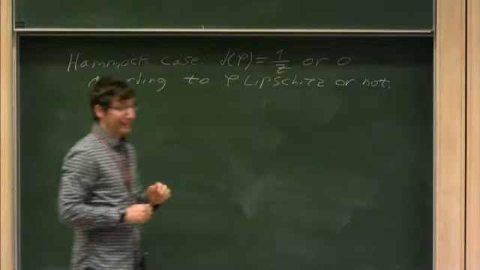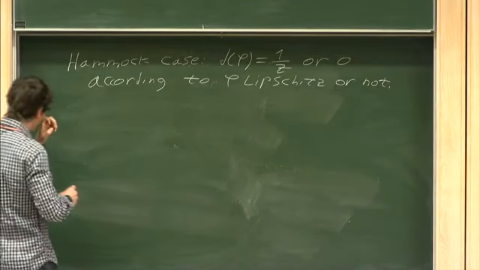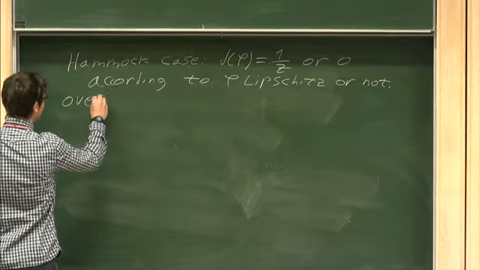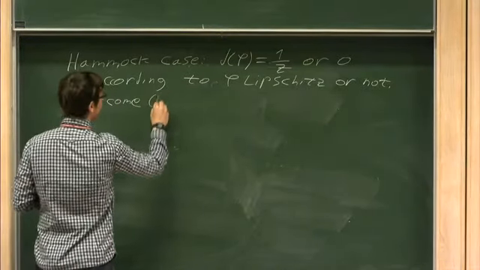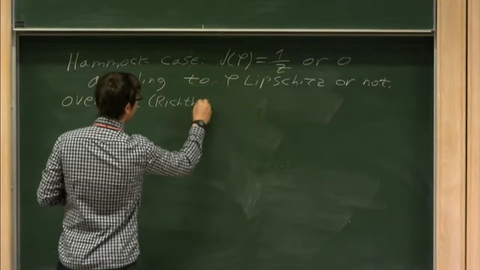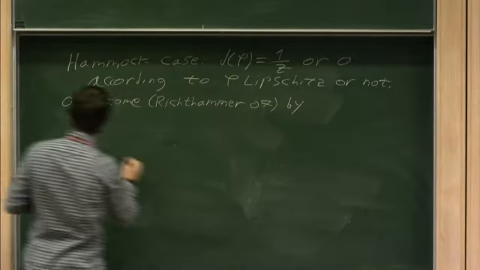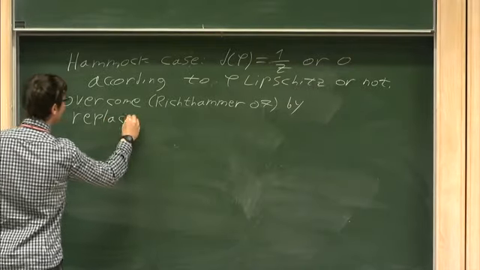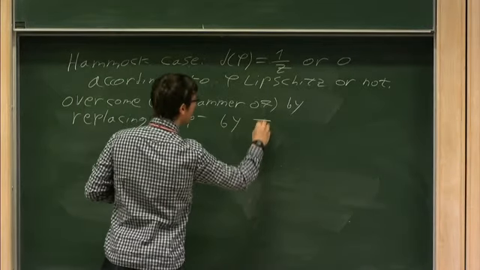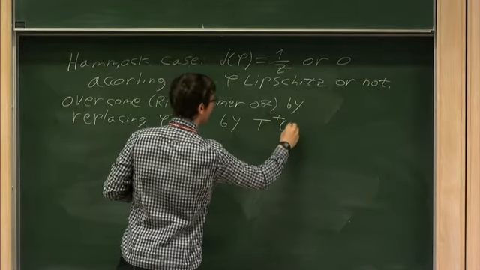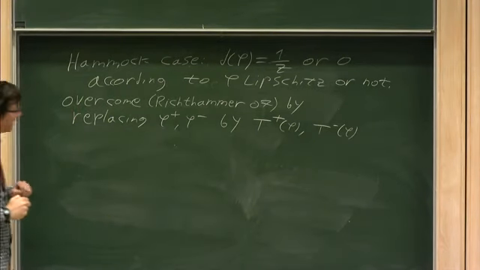And here comes this method of Richthammer, which we adapt to this case. So to overcome this, and this was again in a different setting, but it was based on ideas of Richthammer, we replace phi plus and phi minus by two functions, t plus of phi and t minus of phi, resembling the previous operation.